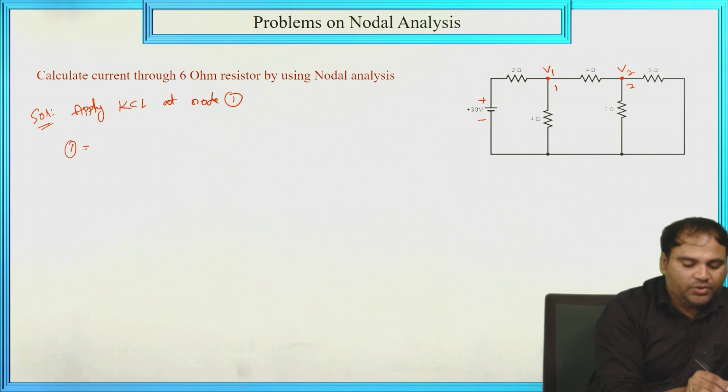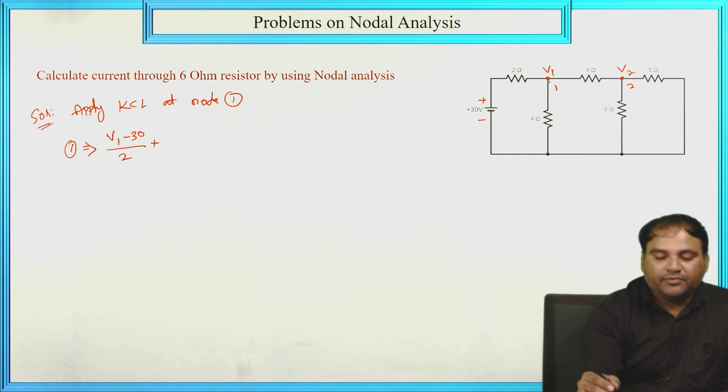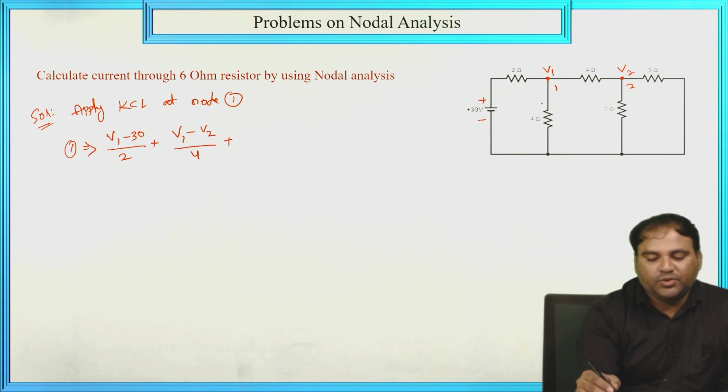So at the first node, V1 minus 30 divided by 2, plus V1 minus V2 divided by 4, since the current through the 4 ohm is V1 minus V2 by 4.